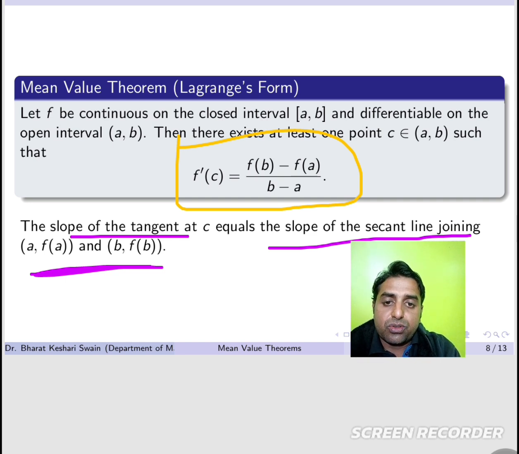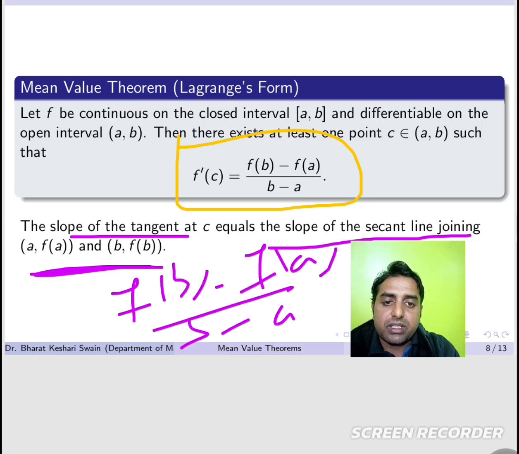That means your slope will be f of b minus f of a divided by b minus a. The slope of the line joining these two points is what? f of b minus f of a divided by b minus a. So your f dash c will be that. This is what the Lagrange theorem says.